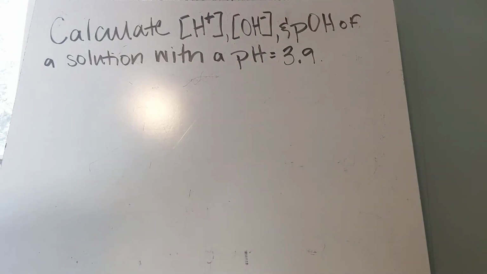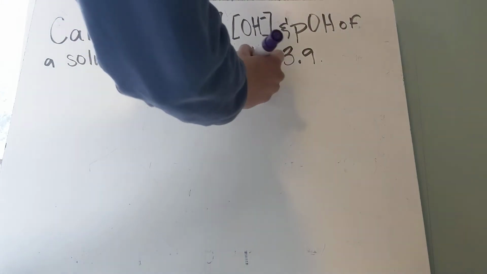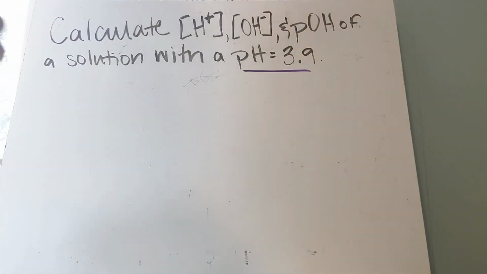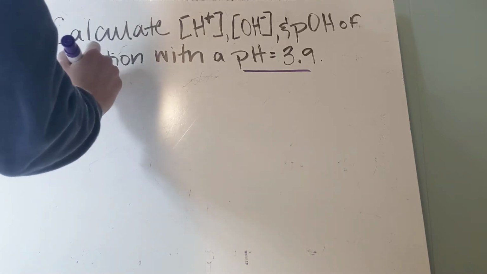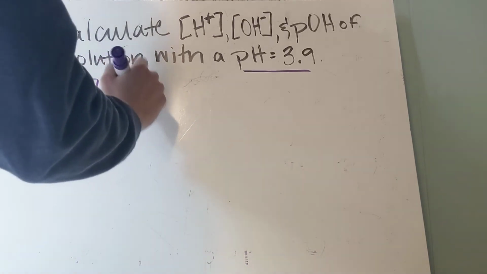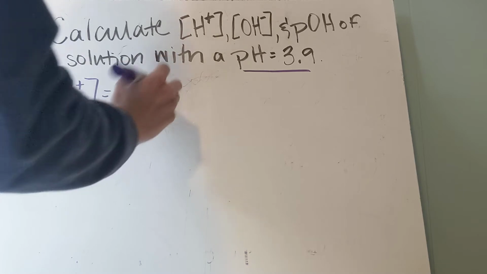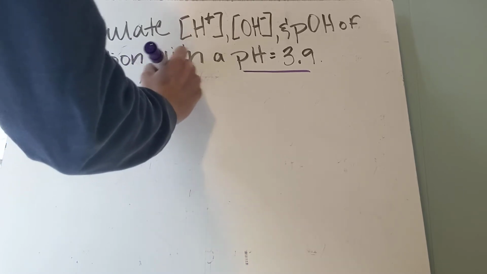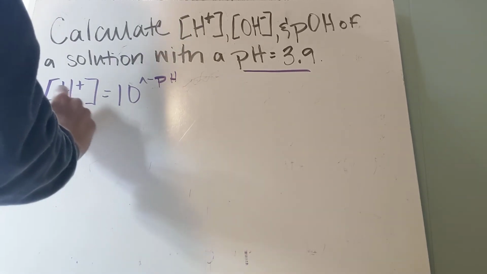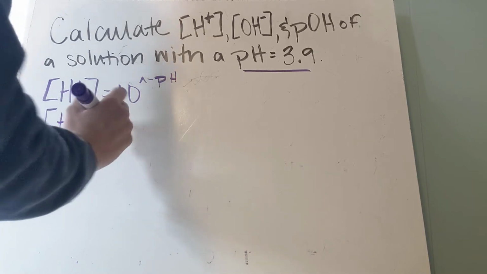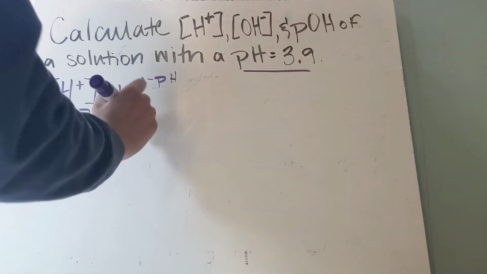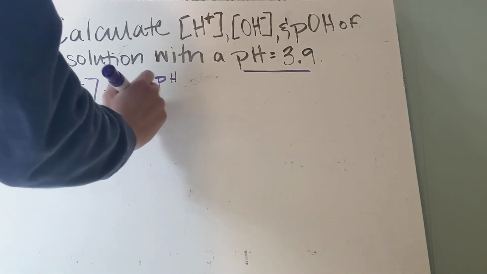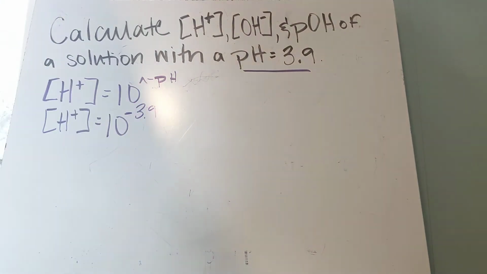So the first thing I'm going to do, I'm given a pH, and this wants to know the H plus. So I'm going to use the formula H plus is equal to 10 to the negative pH. My pH is 3.9, so I'm going to do 10 to the negative 3.9. Plug that into my calculator.